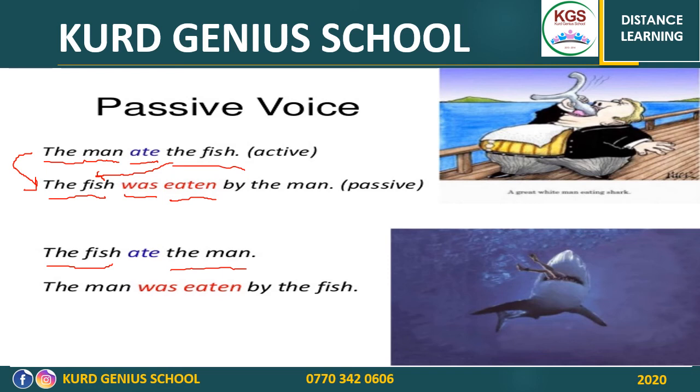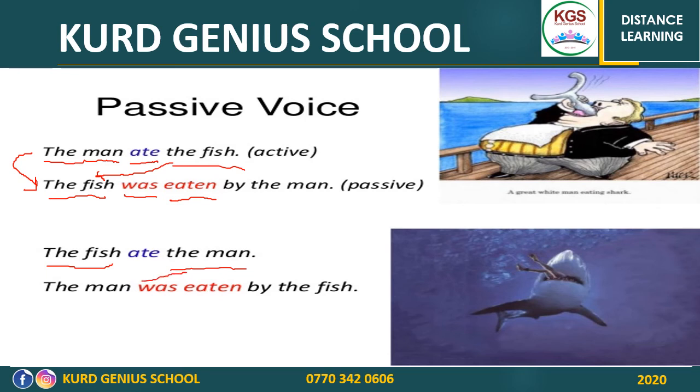Why? Because the action of eating is performed on the man. It's not the man who's eating, but it's the fish that's eating. So the fish is the subject. And what's being eaten here is the man. The action of eating is being performed on the man. That's why the man is the object.